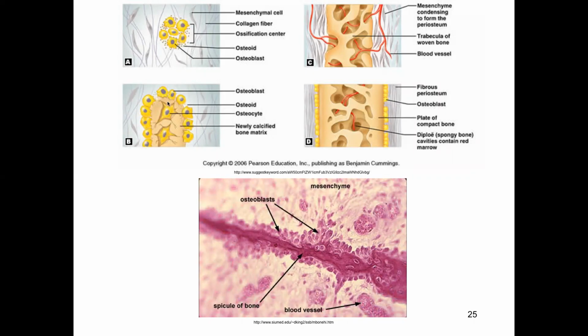Then they're going to start mineralizing that and getting stuck in there. So you're going to have osteocytes in there, and the osteoblasts are going to keep doing that on the outside in these ossification centers. Eventually that's going to bring in some blood vessels, and you're going to have this bone that looks like spongy bone or trabeculae. You're going to have some connective tissue out here, which will eventually form the periosteum.